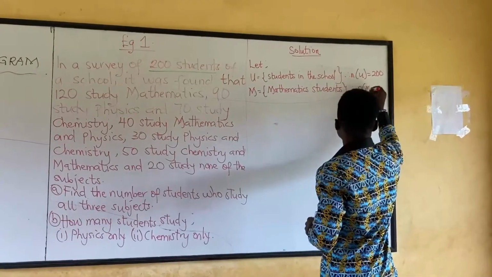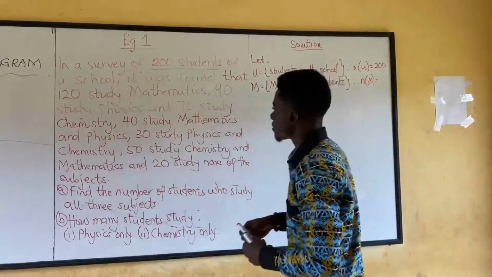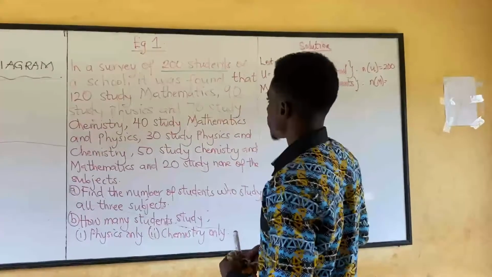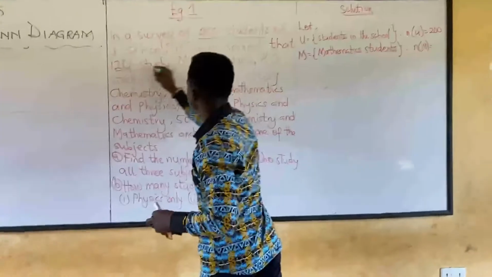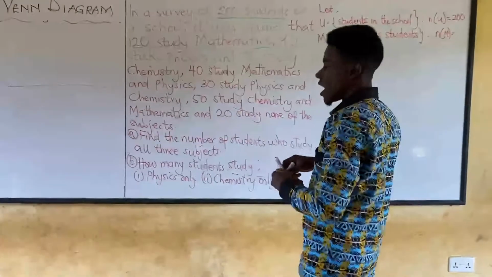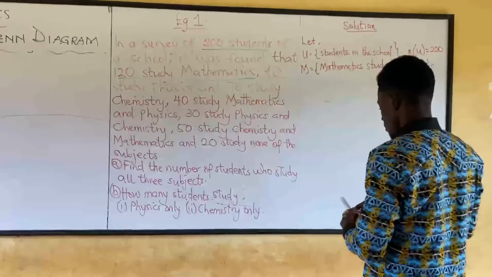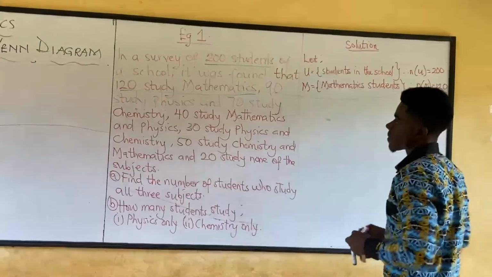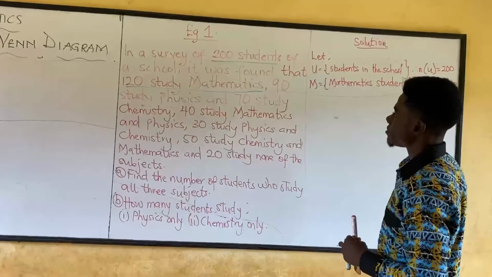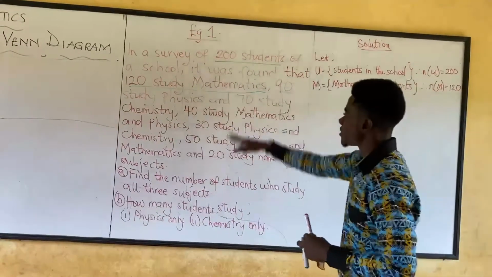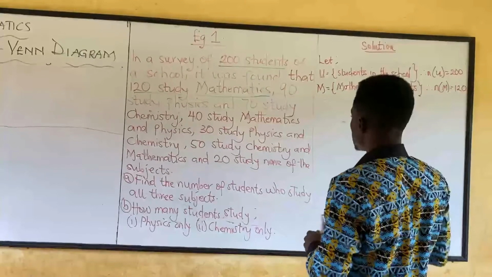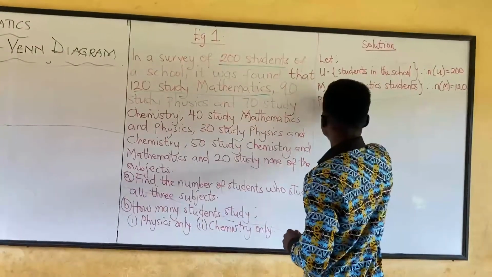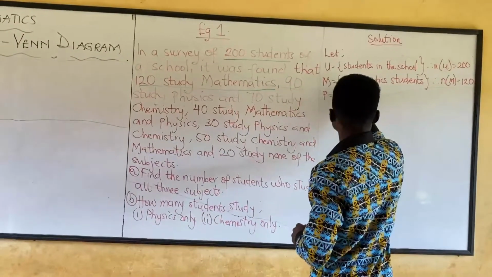So, number of mathematics students, it was found out that 120 study mathematics, so they are 120. Then the next item to talk of is physics students. So we denote it with P. So P equal to physics.